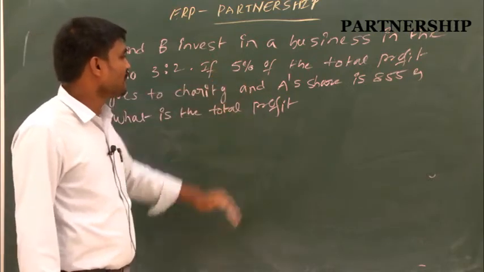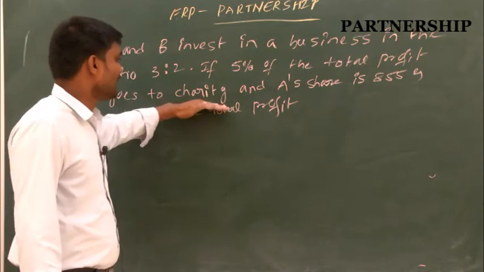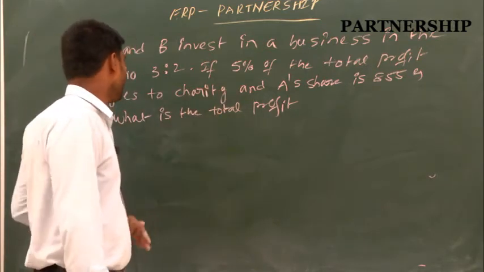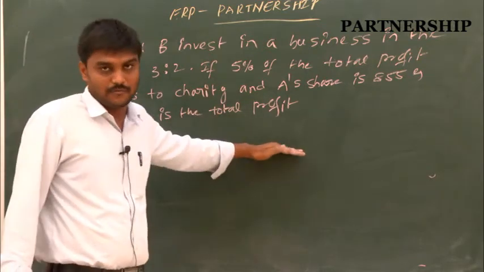If 5% of the total profit goes to charity and A's share is 855 rupees, what is the total profit?